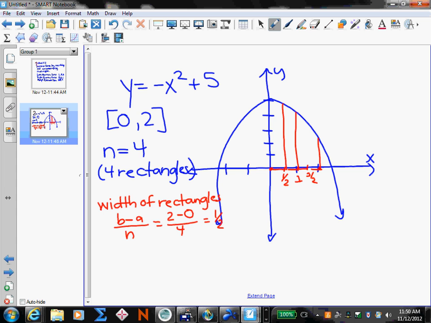And then I want to draw my rectangles in there. Notice I drew my line straight up. And if I am going to use left Riemann sum, that means I want the left side of the rectangle to hit the curve.